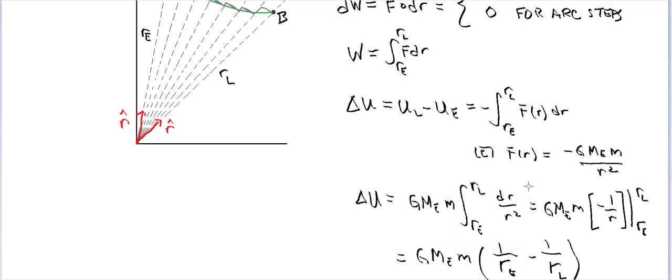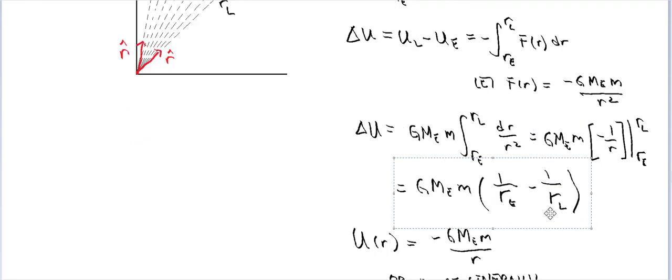This is actually not a terrible integral, right? It's just equal to minus 1 over r, and the limits are going to be from the earlier radius to the later radius, and we still have to multiply by the prefactor G M_E times m.